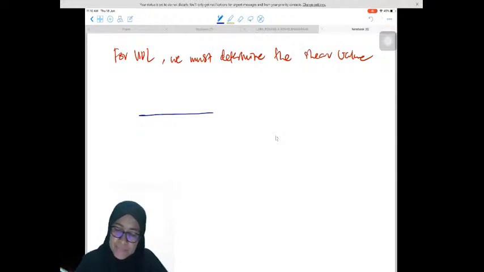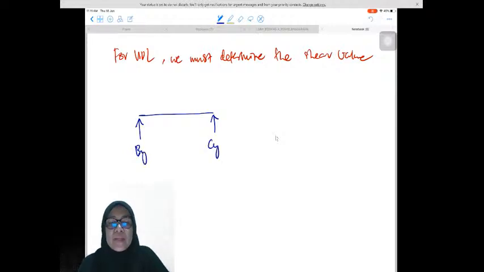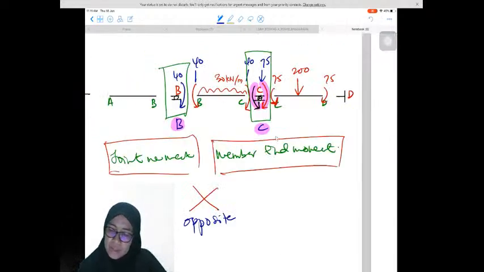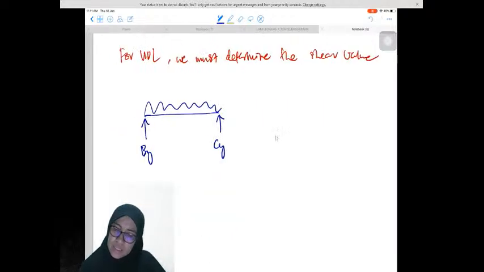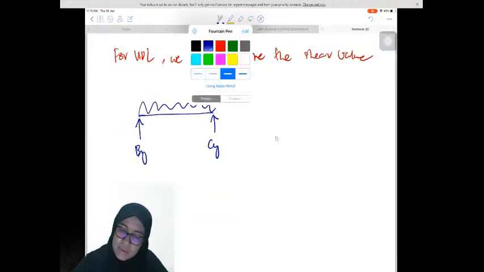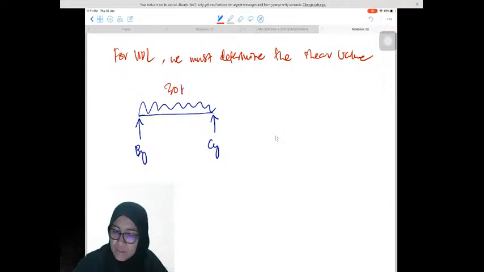This is the beam. Here will be the BY and CY. The UDL is 30 kilonewton per meter over 4 meter.